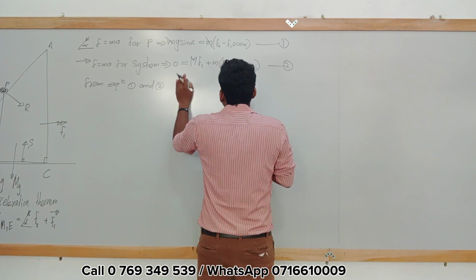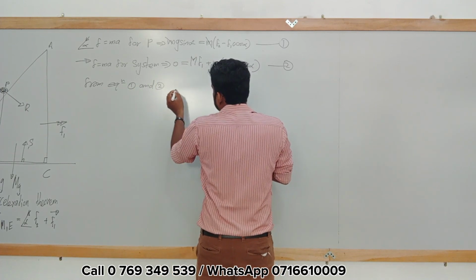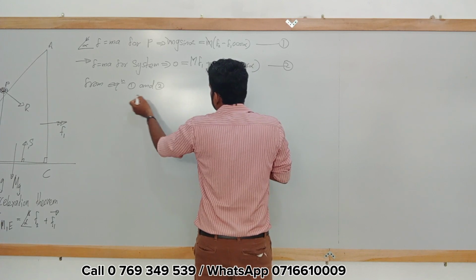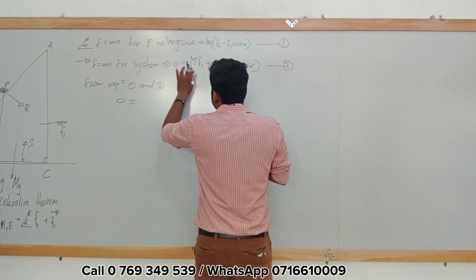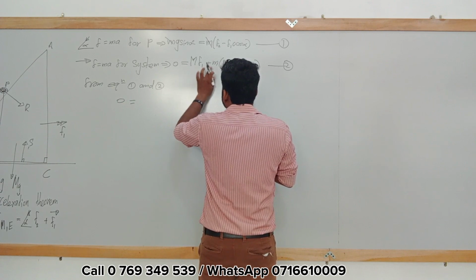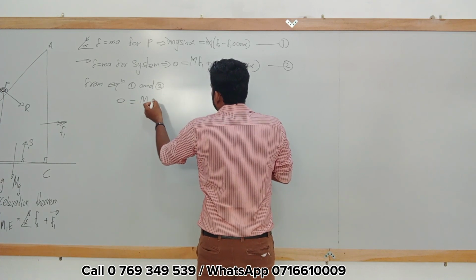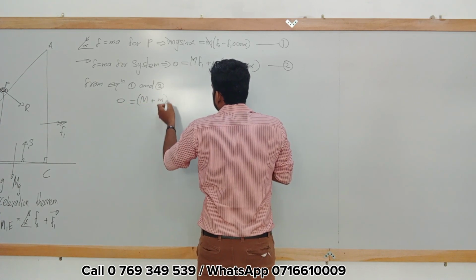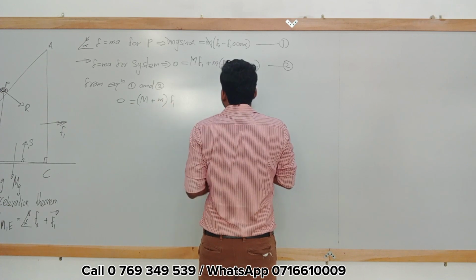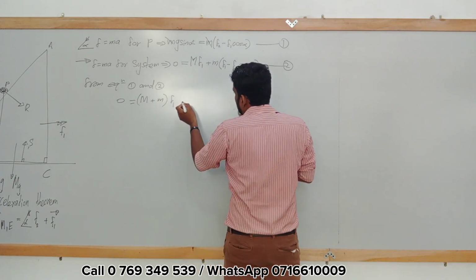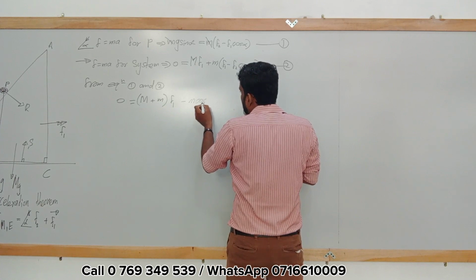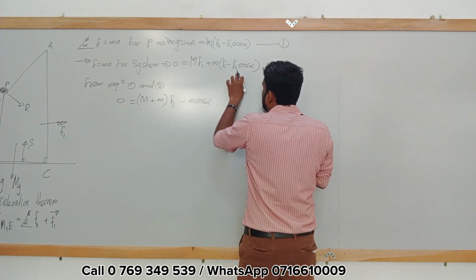First thing, place F2 here. 0 equals capital M plus simple m, times F1, minus simple m cos alpha times F2.